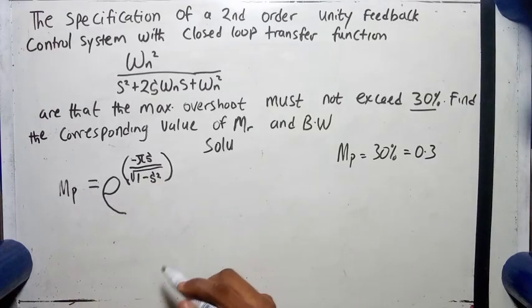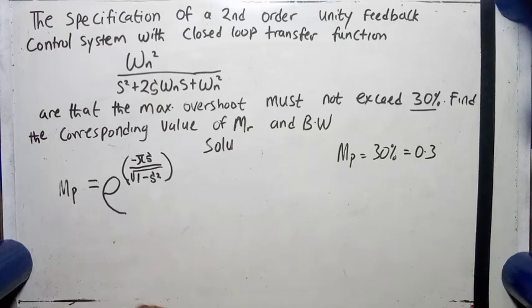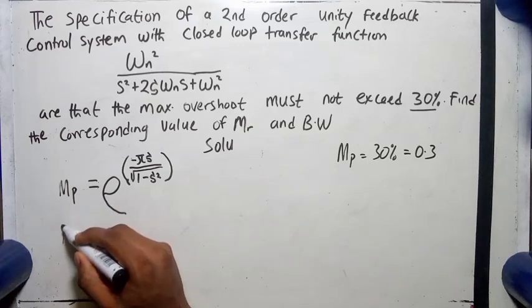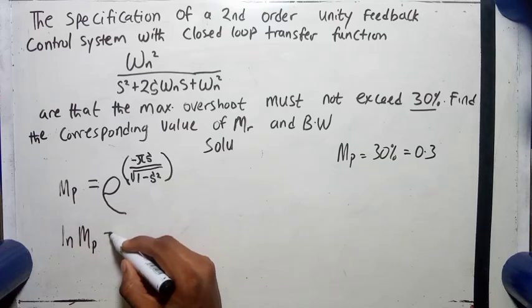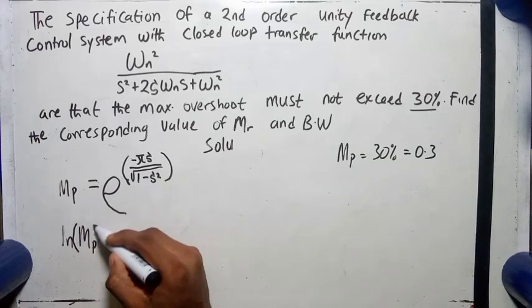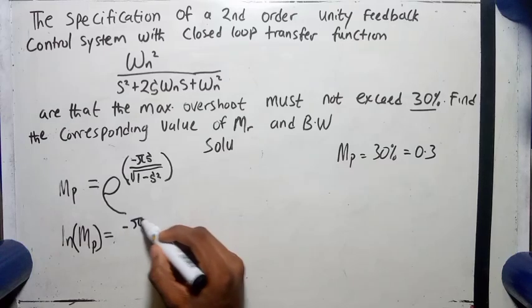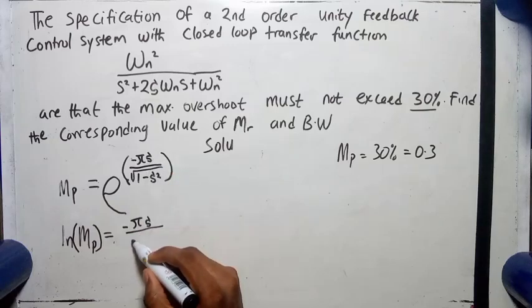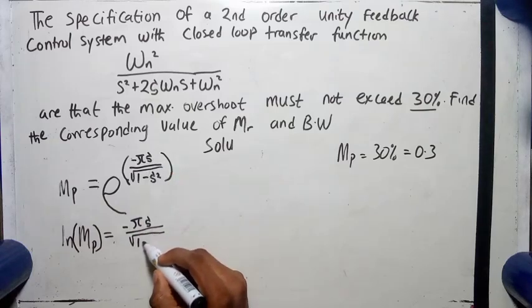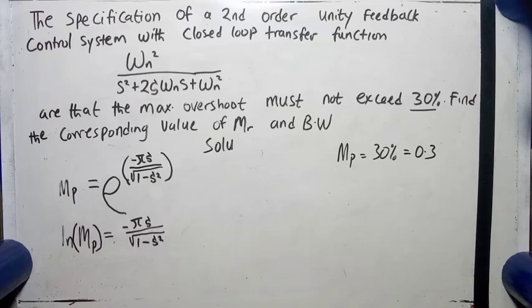Now, let's get rid of this exponential. We find the natural log of both sides. We have ln MP is equal to minus pi zeta over the square root of 1 minus zeta square. Now we have gotten this.